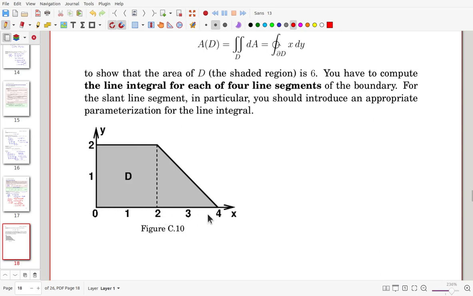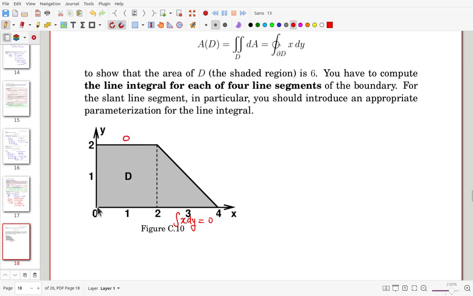Along this portion there's no change in y, so the integral of x dy here must be 0. Again, the change in y is 0, so that must be 0.